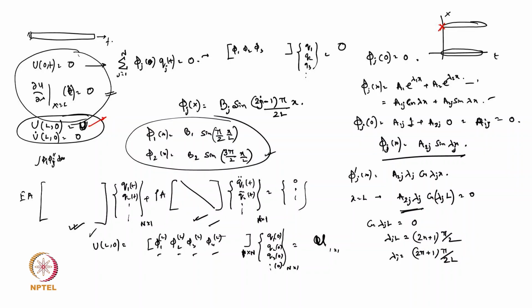It is also difficult to know the full shape, how it is varying. So what else are we able to do? Let's see what else we can do. So what do we have? We have u of L comma 0, that will be equal to u. Okay, and we know u of x comma t is equal to the sum of phi j of x into q j of t.